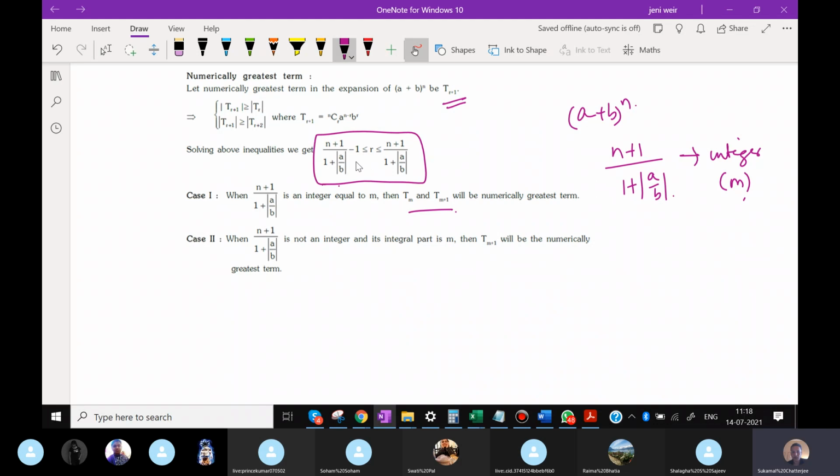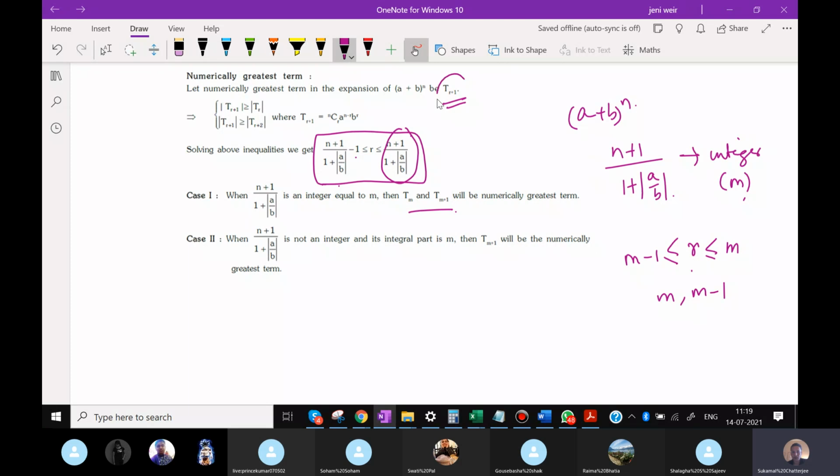That means r has to lie between (n plus 1) over (1 plus mod of a by b) minus 1 and (n plus 1) over (1 plus mod of a by b). So this would be the range of values of r. Now, if this itself is an integer, then the lower bound will become that integer minus 1. So in that case, r will lie between m minus 1 and m, which means r can take two values, m and m minus 1.